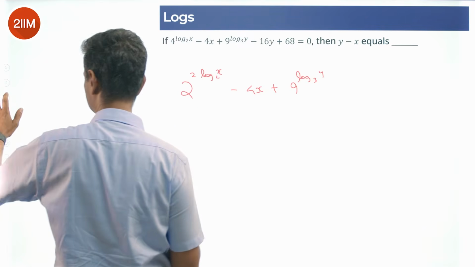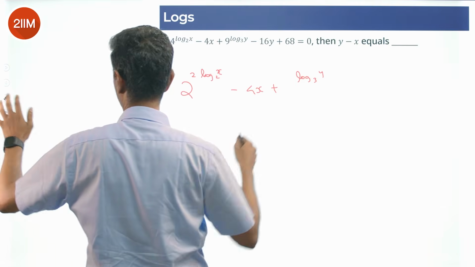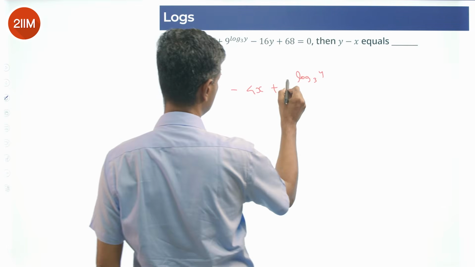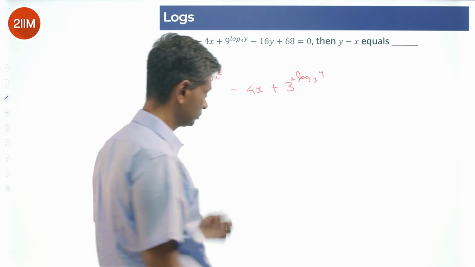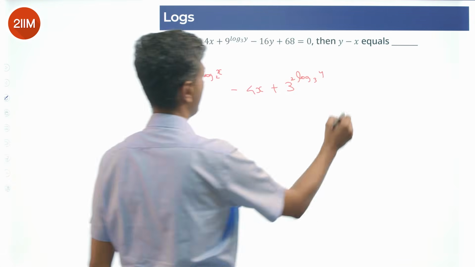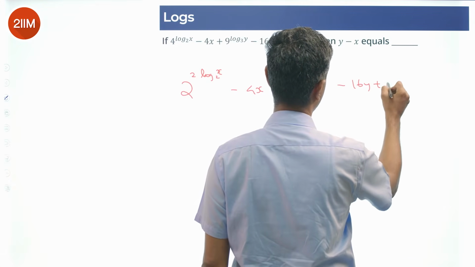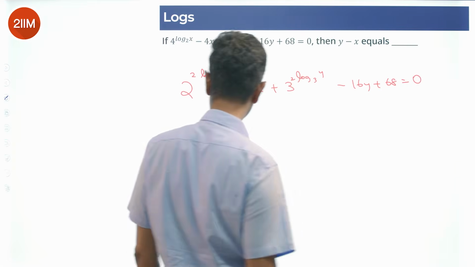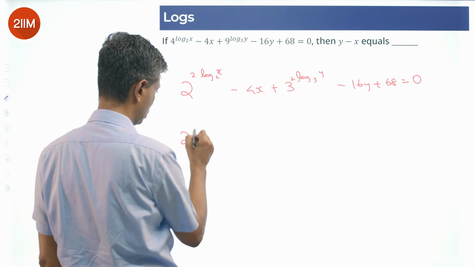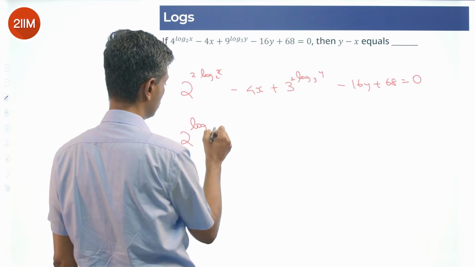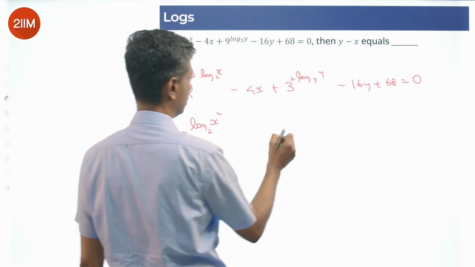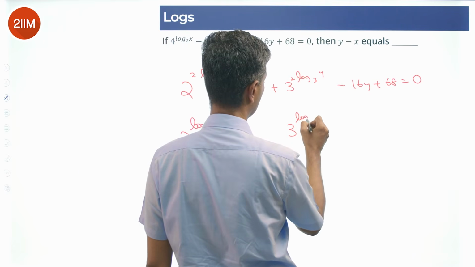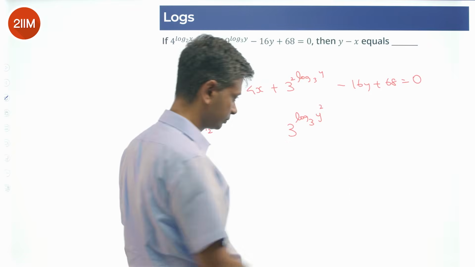I'm going to write 9 as 3 square, minus 16y plus 68 is equal to 0. This is 2 to the log to the base 2 of x square. This is 3 to the log to the base 3 of y square.